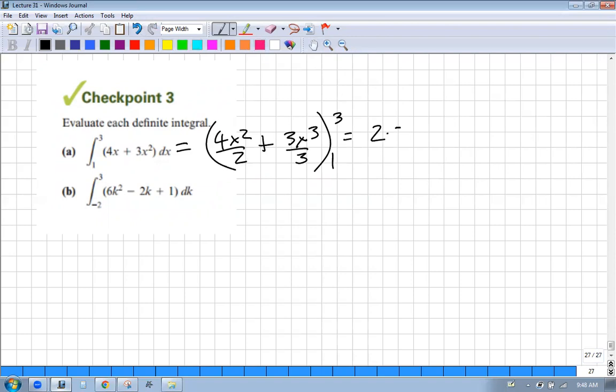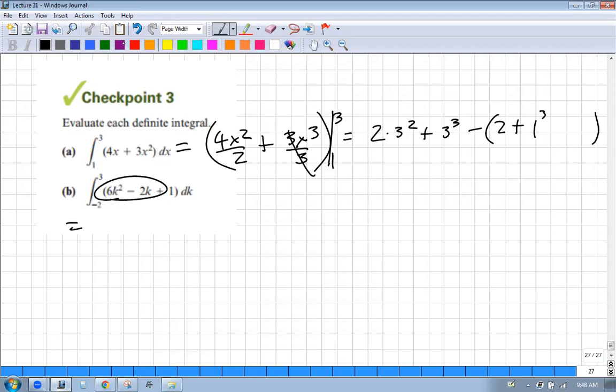Replace the x with a 3. Now replace the x with the 3. Now subtract. Now plug in the 1. That's my little line here. So 4 over 2 is 2 times 1 squared is 1. And then over here we plug in the 1. 1 cubed is just 1. And then do your math.